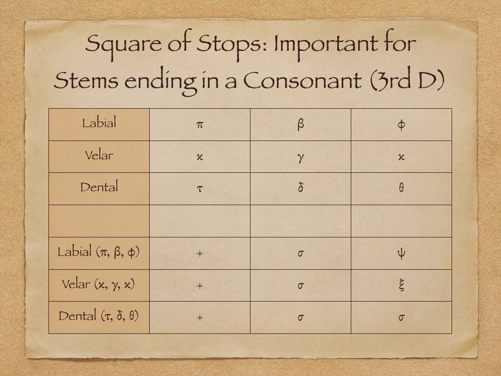When a velar comes into contact with a sigma, kappa, gamma, or chi, the result is xi. And with a dental, tau, delta, or theta, this we recognized already with the tau. It knocks it right out, and that's the case here with all the dentals. It's so strong that it knocks out the dentals. Are you catching this?